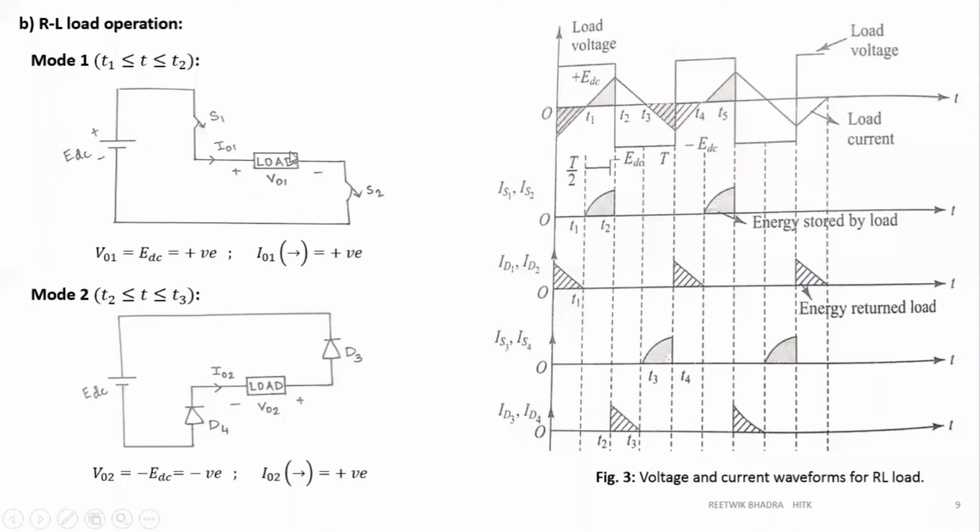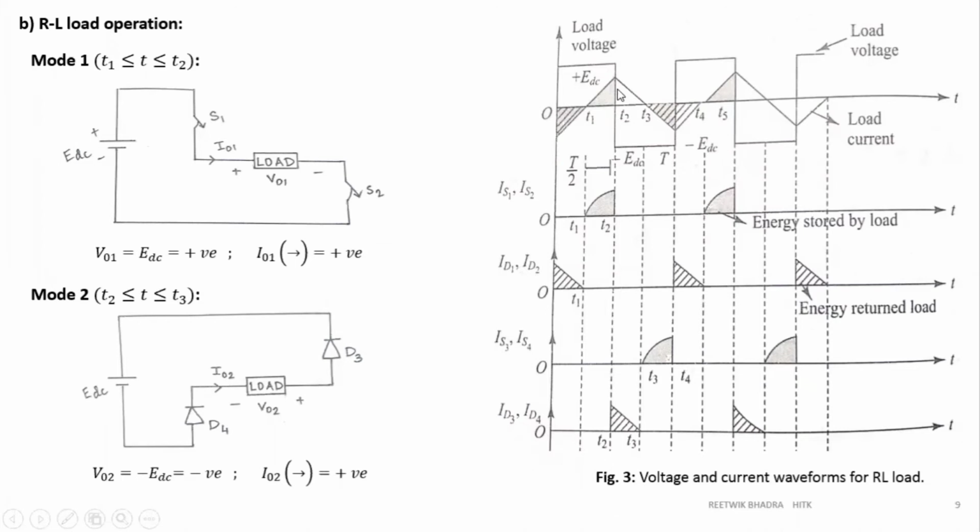If you compare with the actual voltage polarity, it will come out to be positive voltage only. So V01 will be positive, equal to EDC. During T1 to T2, we are getting positive voltage EDC and positive current, because it is charging, it is exponentially increasing.